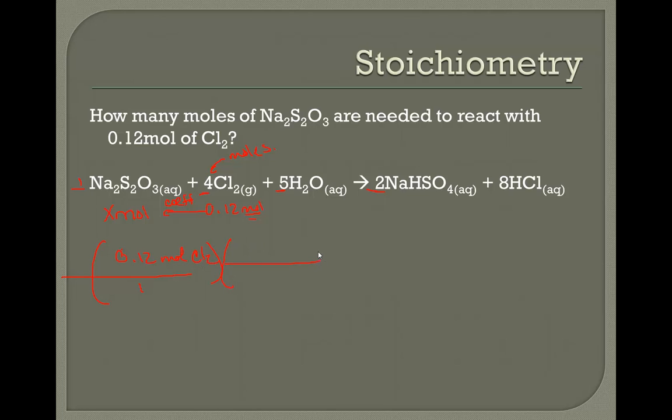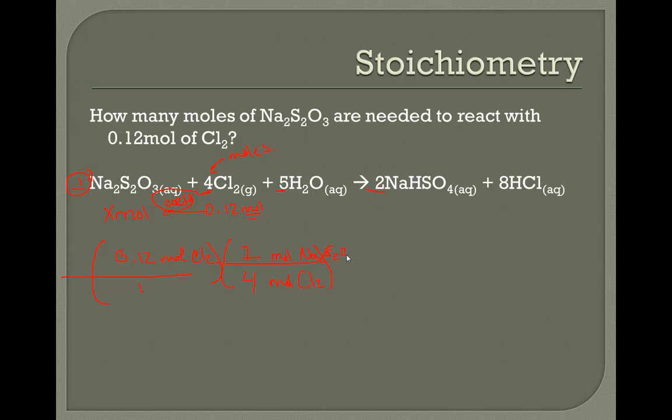I'm going to need coefficients to go from one to another, so 4. I have an invisible 1 here, so I'm going to put 1 mole, because that's where I'm heading for. And I'm actually looking for moles, and I have moles here, so I don't even need this next bracket.